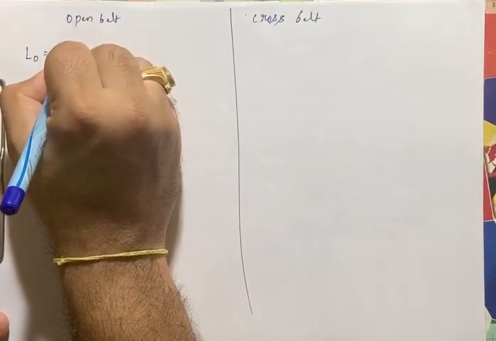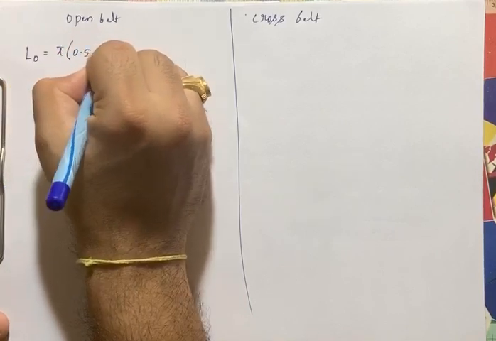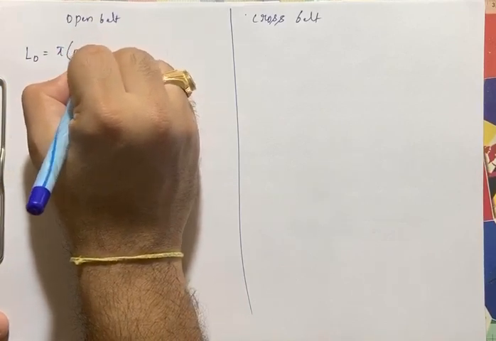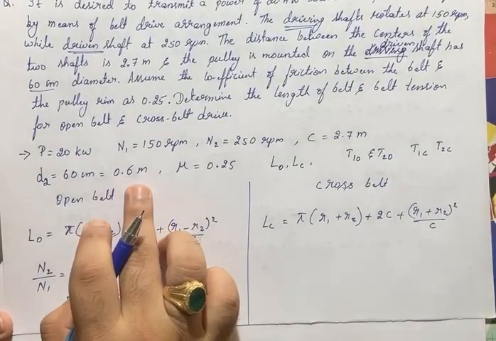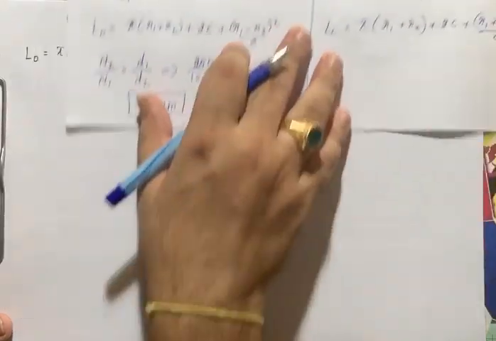R1 is 0.5 meter, and R2, with diameter 0.6 meter, is 0.3 meter here.